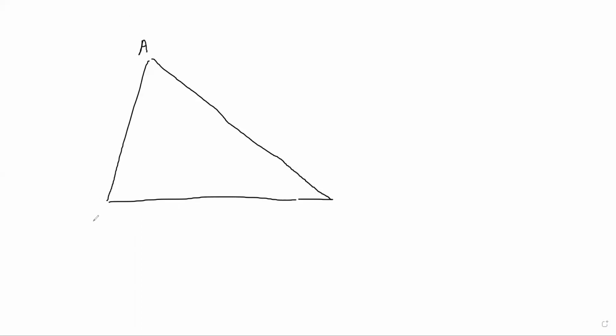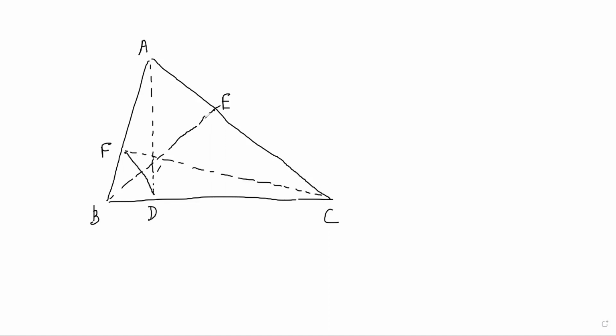So I have to make my orthic triangle and the circumcircle of the orthic triangle. So this is my D, E, and F. This is my triangle here. There is an easy proof by trigonometry. Don't worry, I'll do it right now.